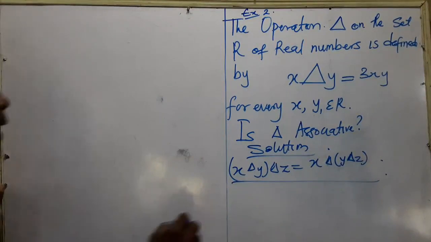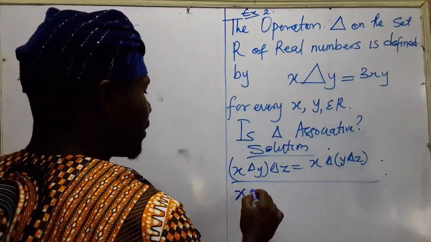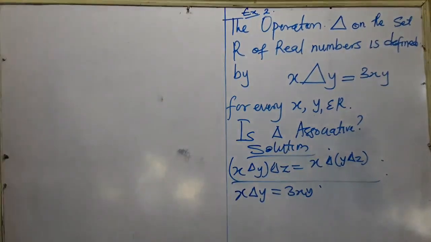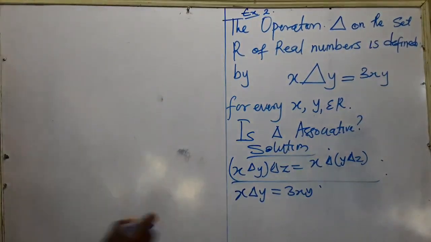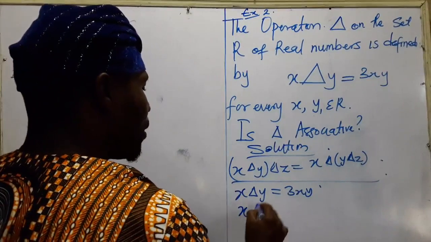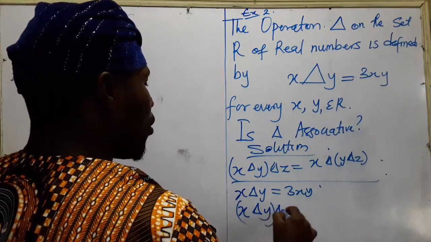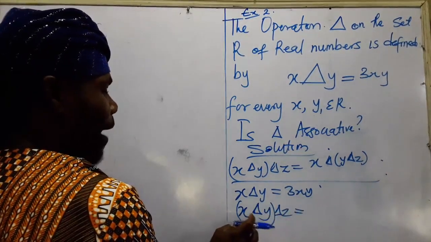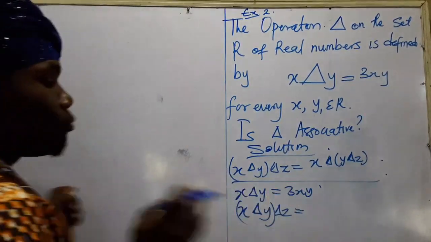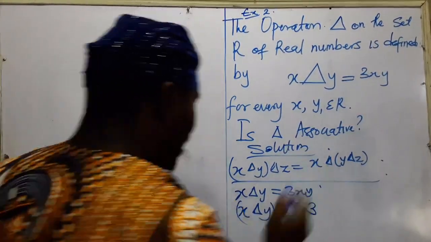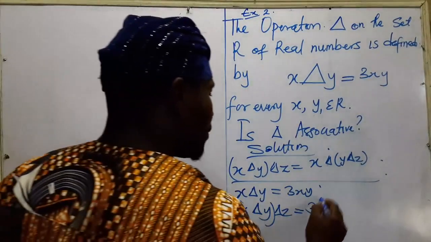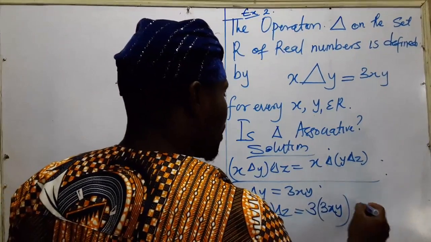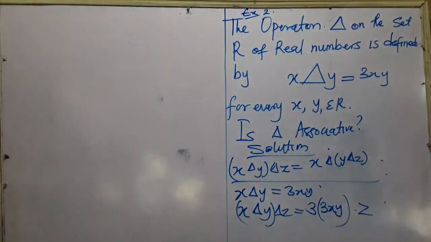We have been given x operation y to be 3xy. Now we need x operation y operation z, so we have 3 onto the whole value 3xy dot z.